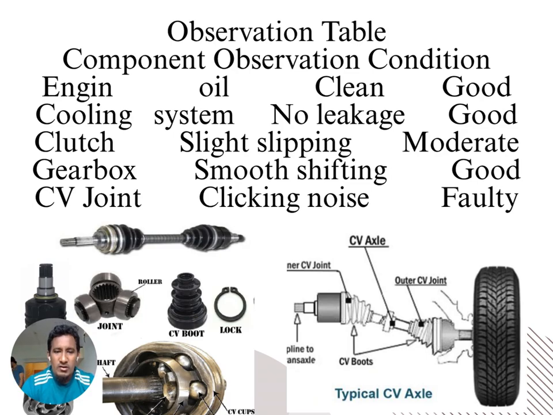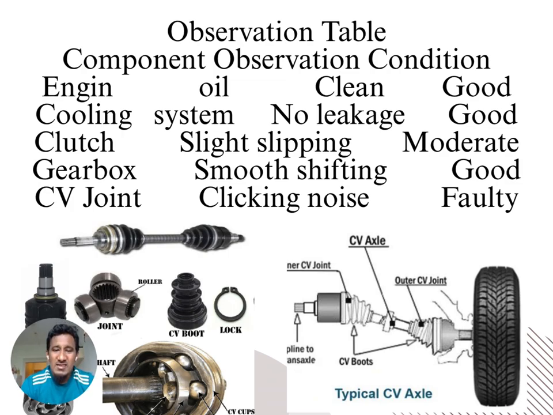The third part was clutch, and the observation in our assessment result was slight slipping, slight shifting, and the condition was moderate. And the fourth component was gearbox, and our observation result was smooth shifting, and it was also in good condition.